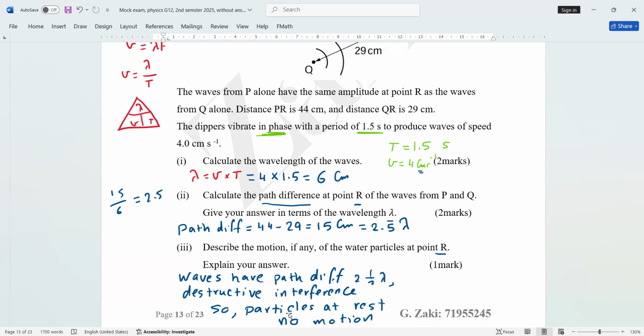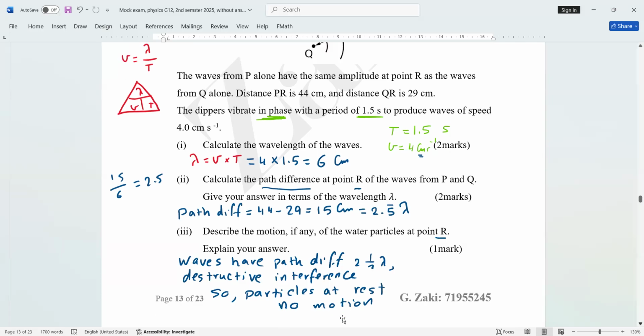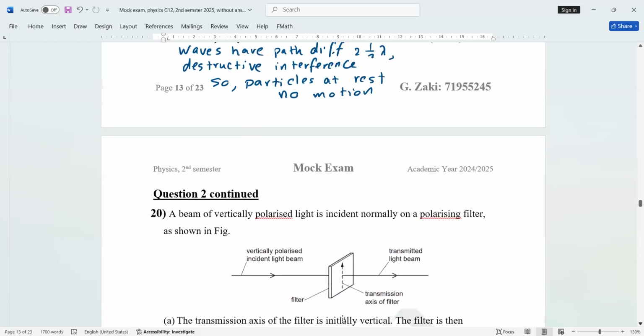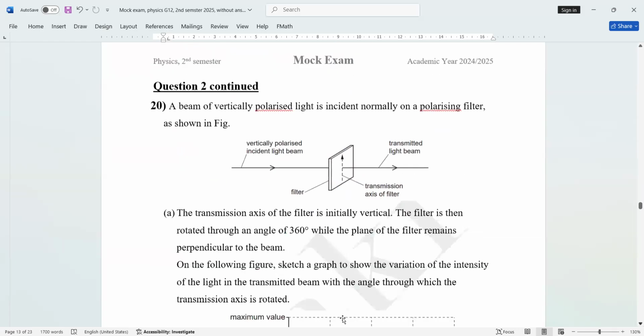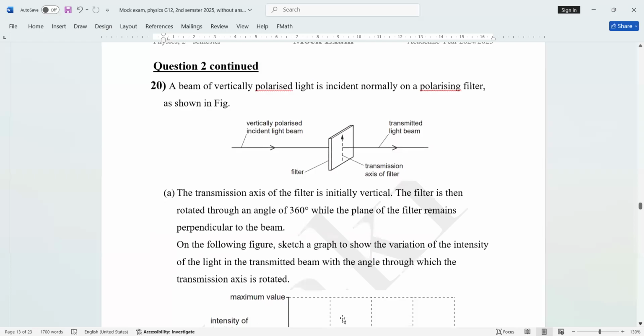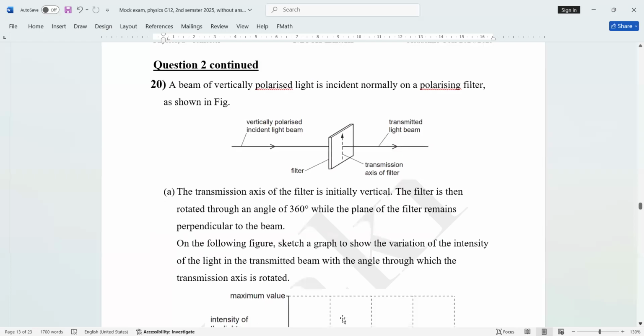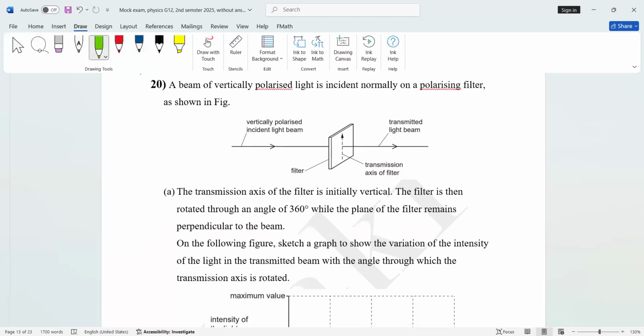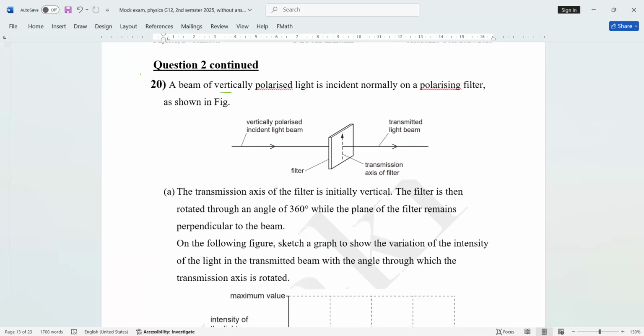Now, next part. Read the question, be careful, and try to understand it. A beam of vertically polarized light is incident normally on a polarizing filter, as shown in the figure.